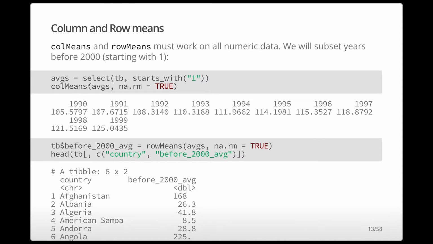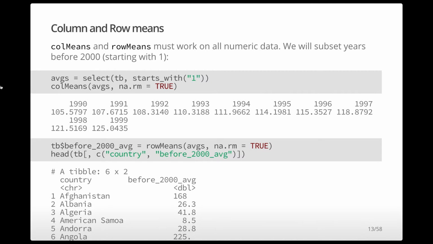Okay? So now, if we look at that, we can see, for example, Albania had 26.3 per 100,000 incidents of TB from 1990 to 1999 in any of the data we have here. Andorra had 28.8, so on and so forth.